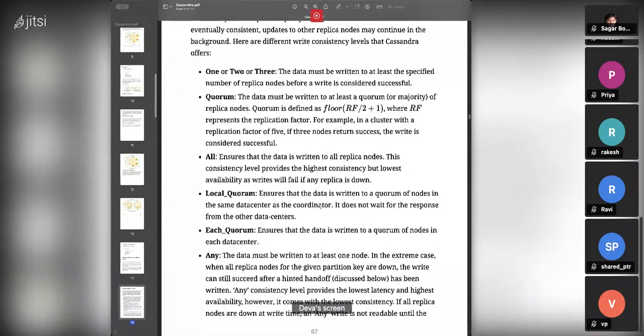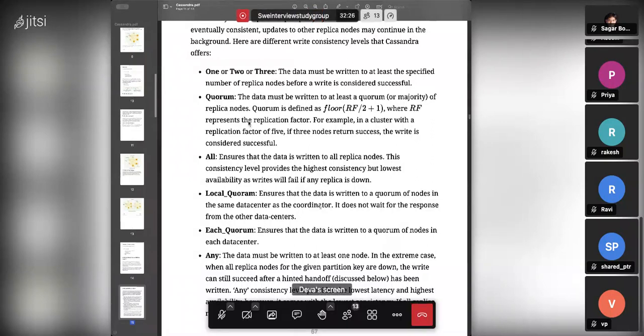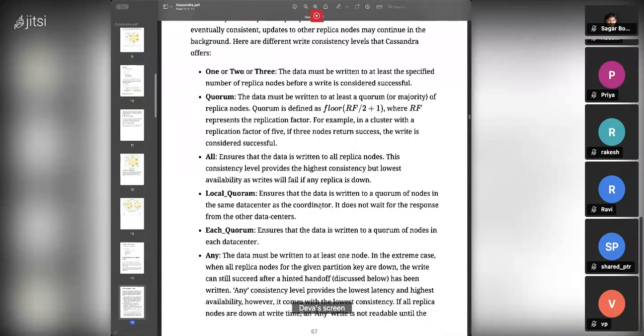For example, in a cluster with a replication factor of 5, when 3 nodes return success, the write is considered successful.